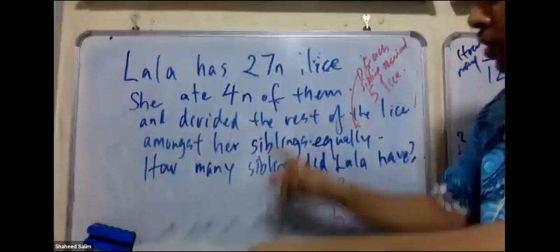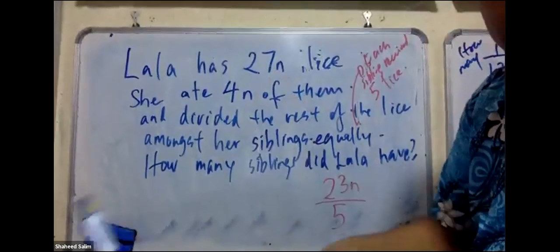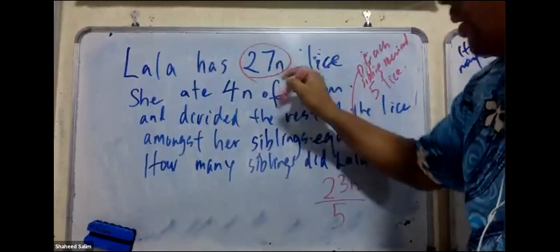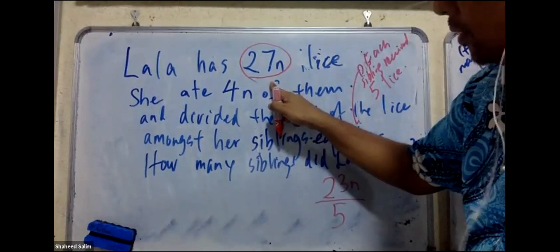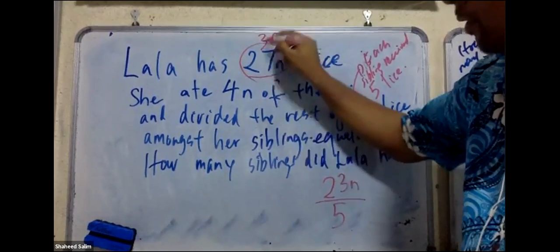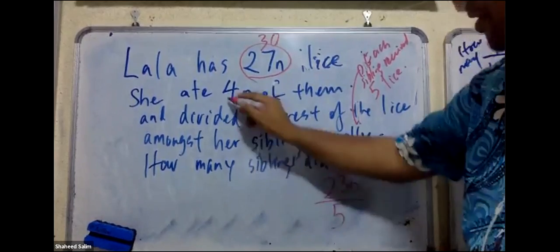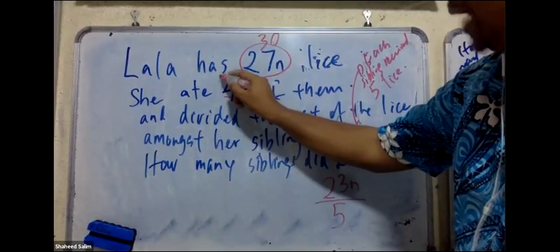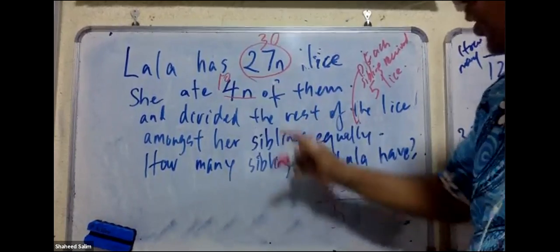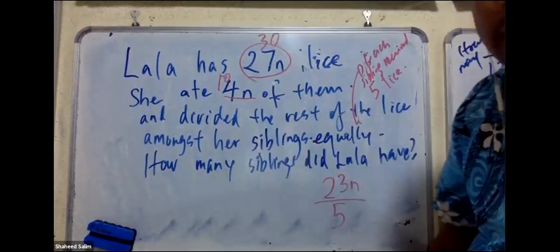Zahira, you're a little bit confused. Then we change this to a number. What number do you want, Zahira? 30, yeah. Okay. Now she ate, let's say, 10. So you want to find how many lice did she give to her siblings?